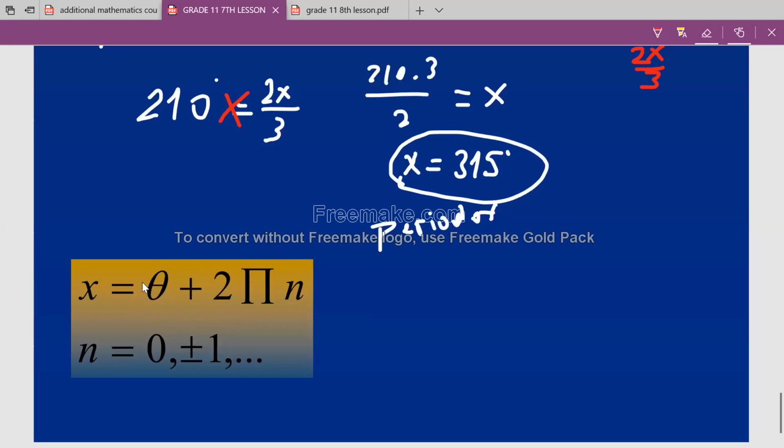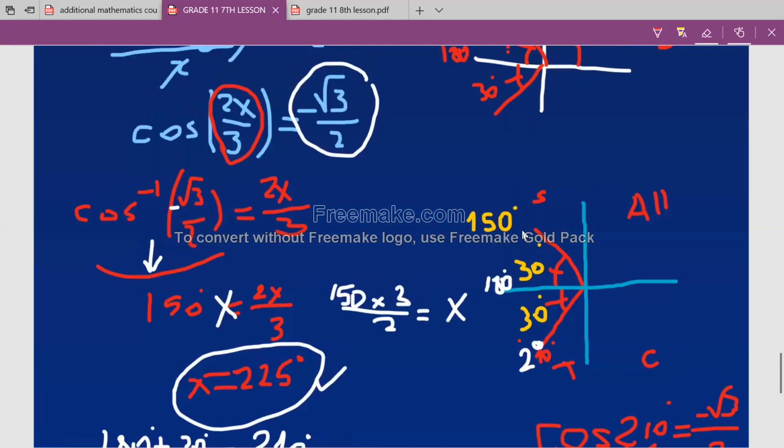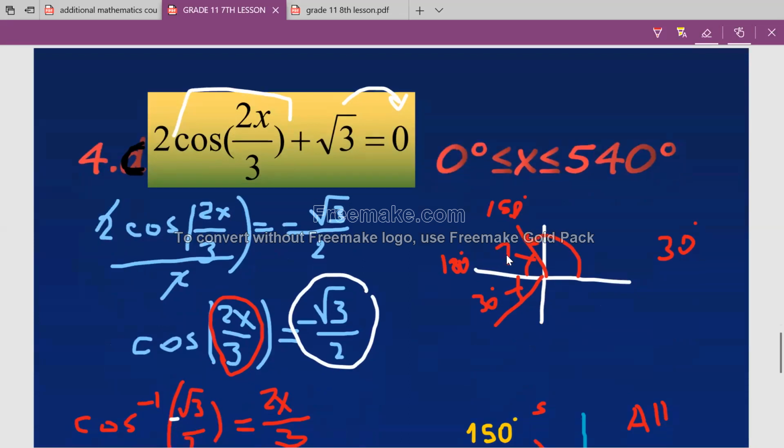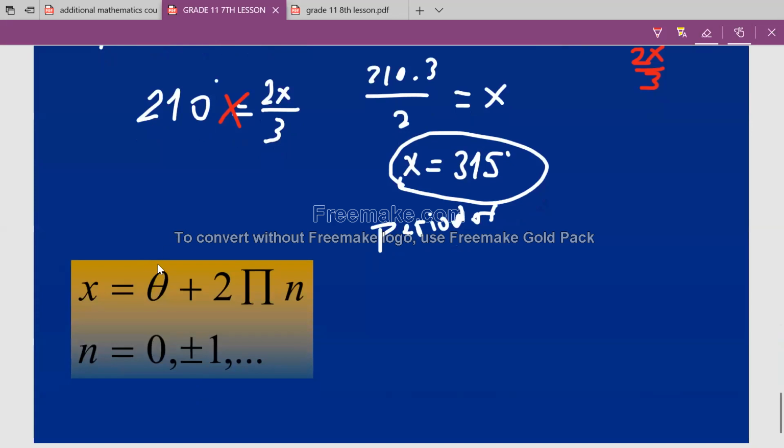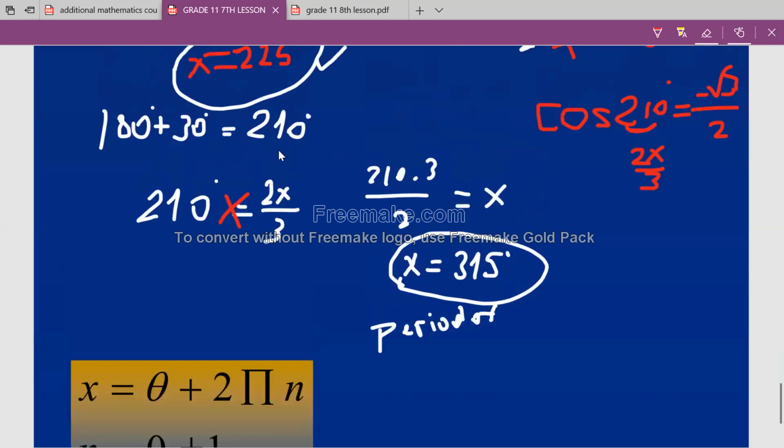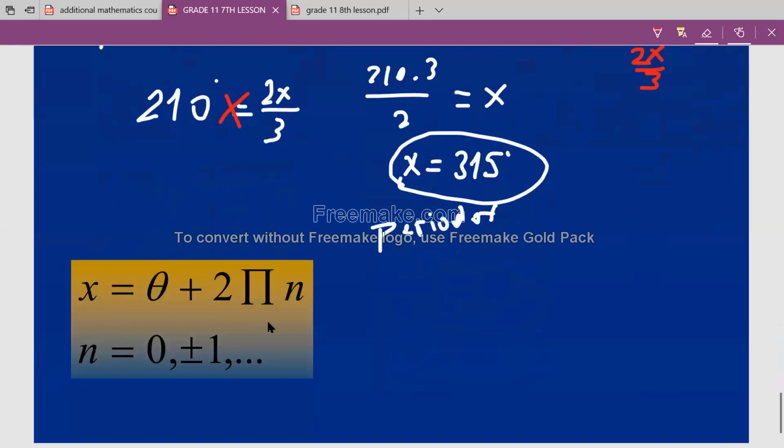Just know there is a formula to find more values in that range. Like if we want to find values till 540 degrees, here is our formula. That theta is the value we found here, 225, add 2 pi n, and you can substitute 0, 1, 2, okay, to find the x value. Next lesson we can do one question about this, to use that formula.